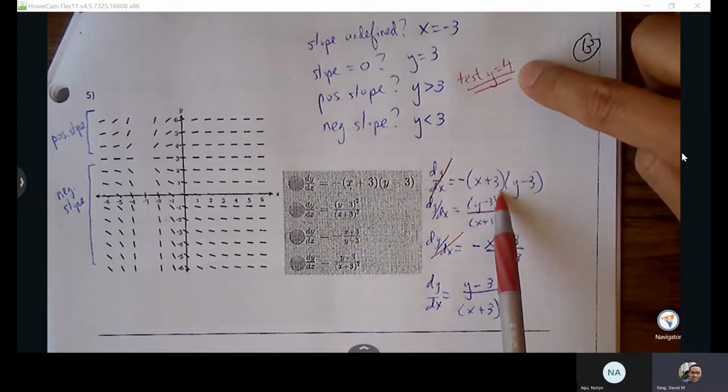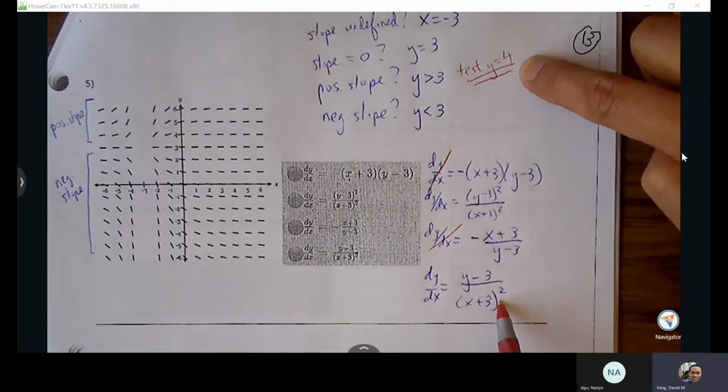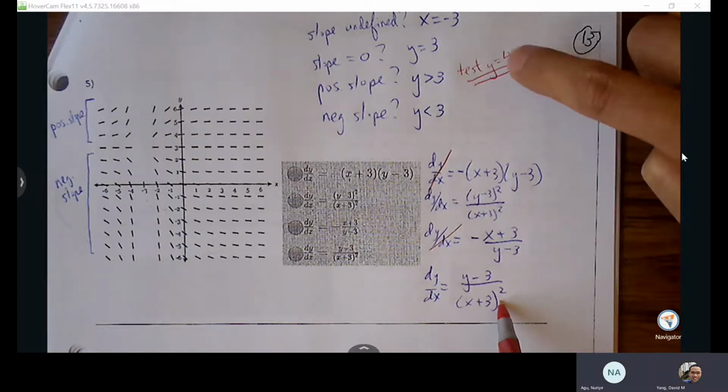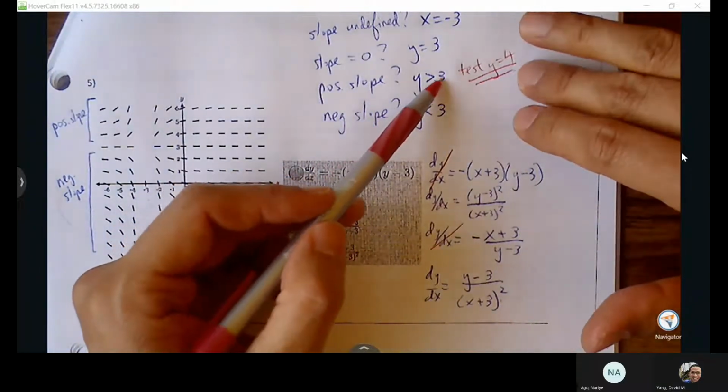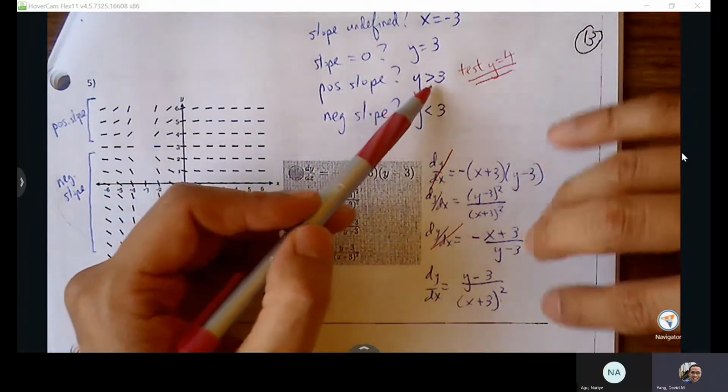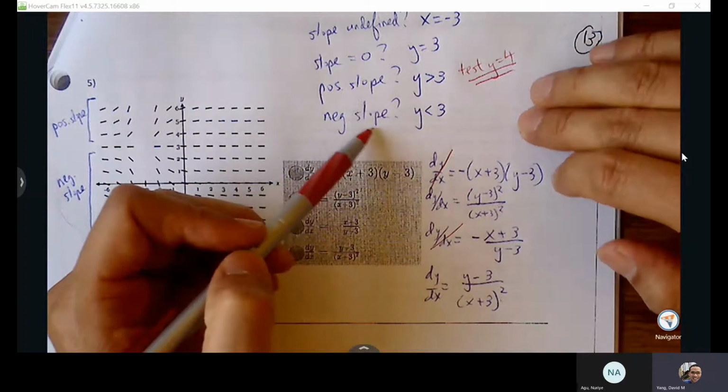Yes. Both are squares, so I'm getting positive no matter what. Okay, how about this one? Also yes. So it looks like we couldn't eliminate any with the third statement.